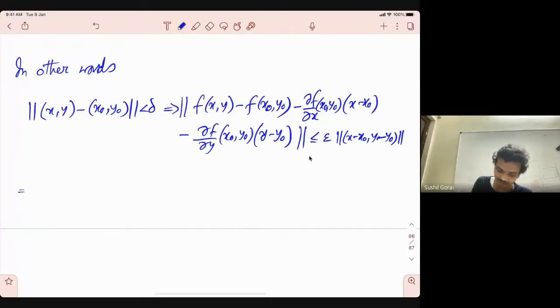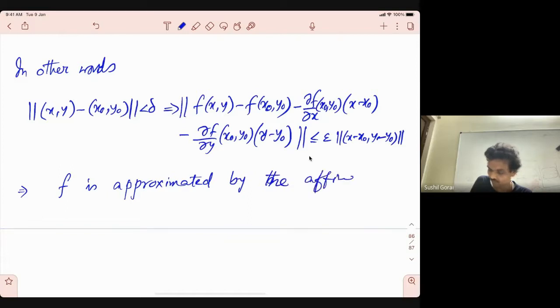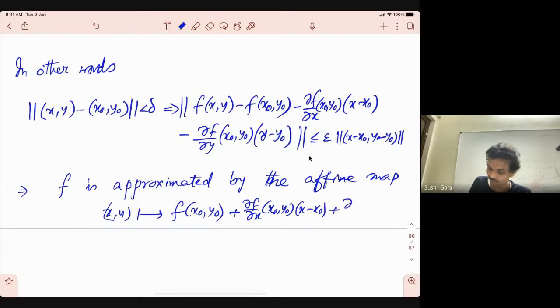So this gives that f is approximated by the affine map x y goes to f of x0 y0 plus del f by del x at x0 y0 times x minus x0, plus del f by del y at x0 y0 times y minus y0, near x0 y0.